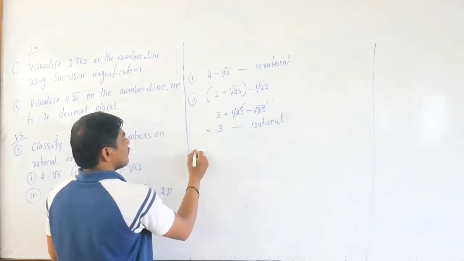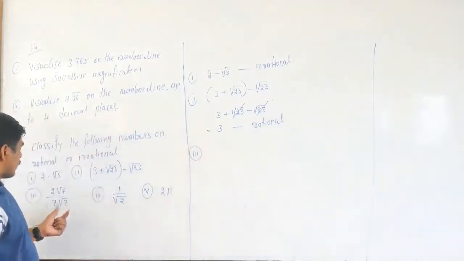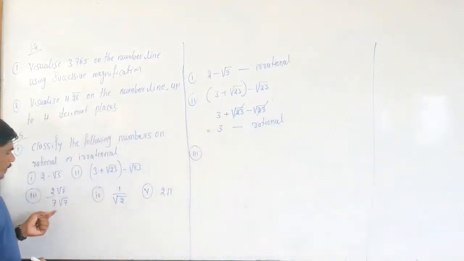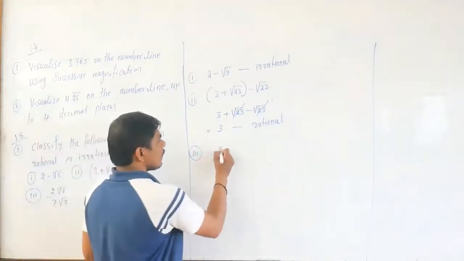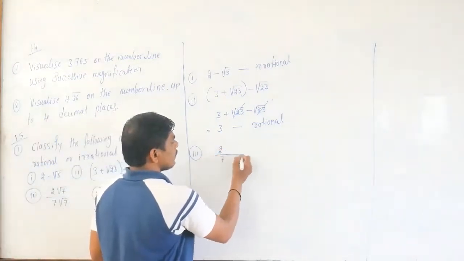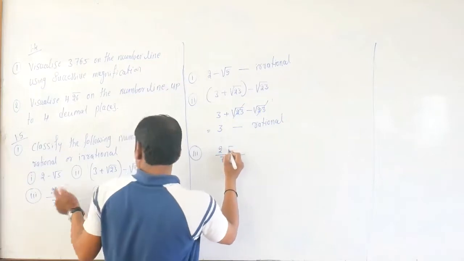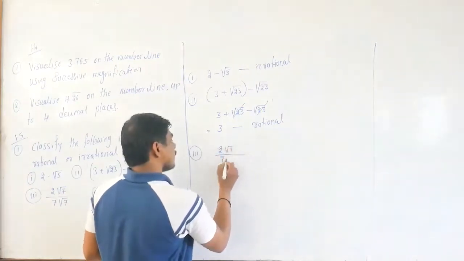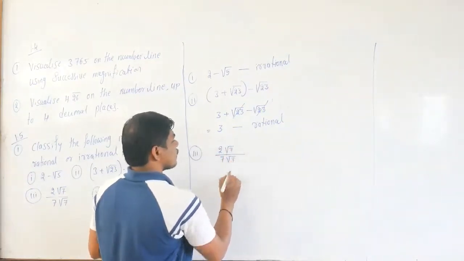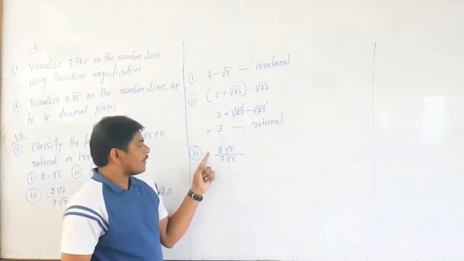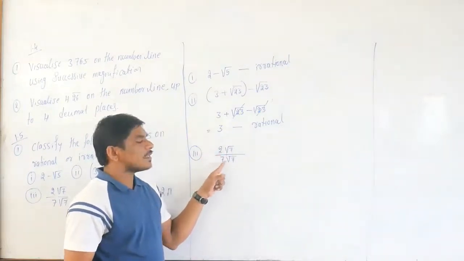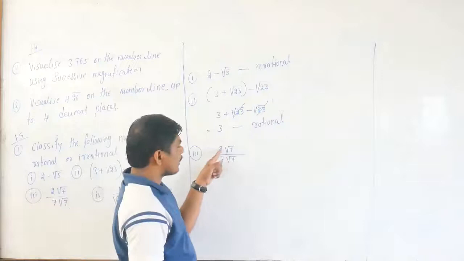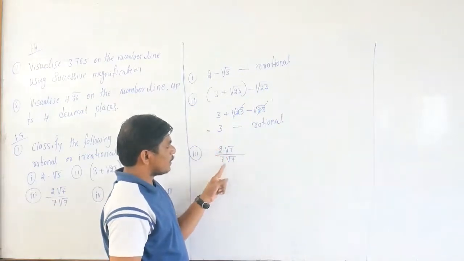And again we observe the given problems. Third one, 2 root 7 divided by 7 root 7. This is also very simple. 2 into root 7, 7 into root 7. Both are multiplicative terms in the numerator and denominator.